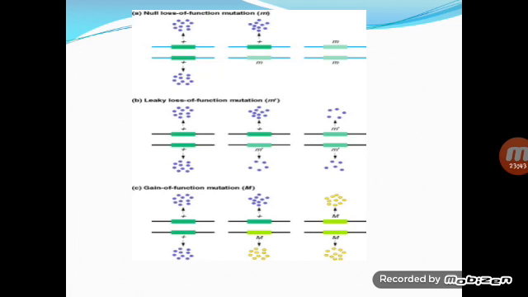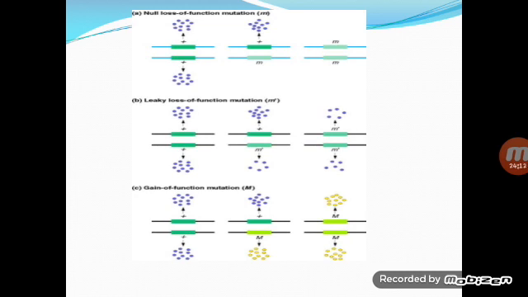Here, this image describes both types of mutation, loss of function mutations and gain of function mutations. Figures A and B are for the loss of function mutation and C for the gain of function mutation.